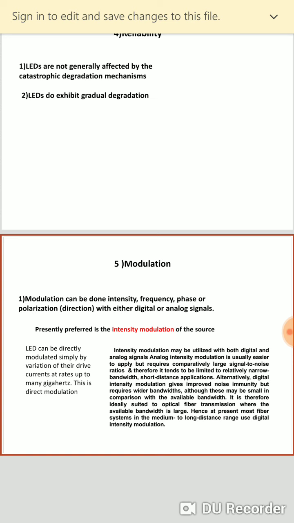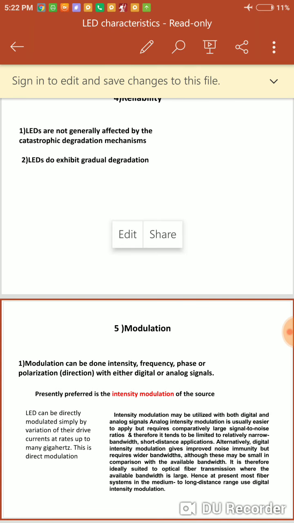That is the first classification based on which modulating signal we are using. Then modulation can be done by varying three parameters of light: intensity, frequency, phase, or polarization of the light.